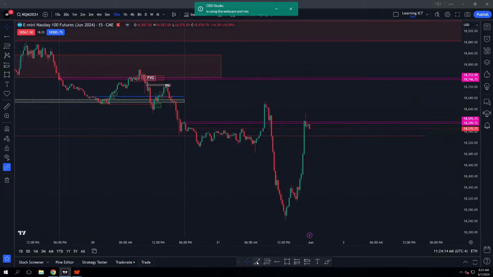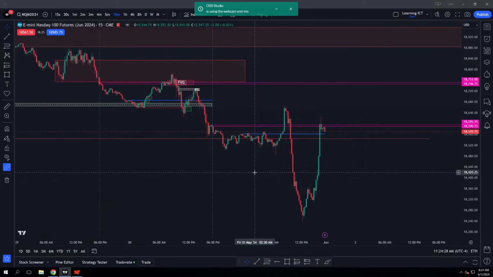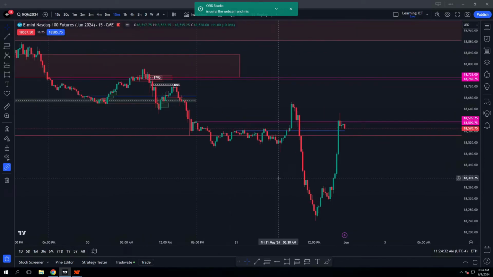I'll mark the midnight open. This one right here, all the way to 4:45 p.m. So don't worry about this price right here because that's already a hindsight.